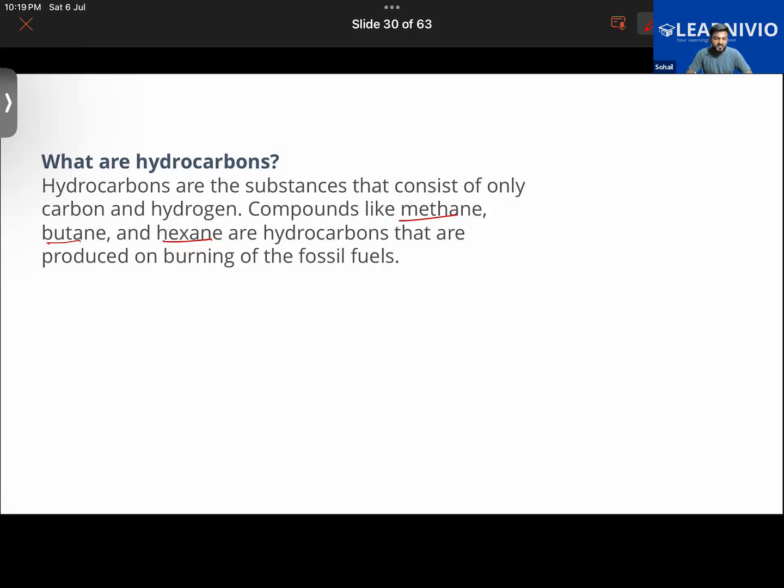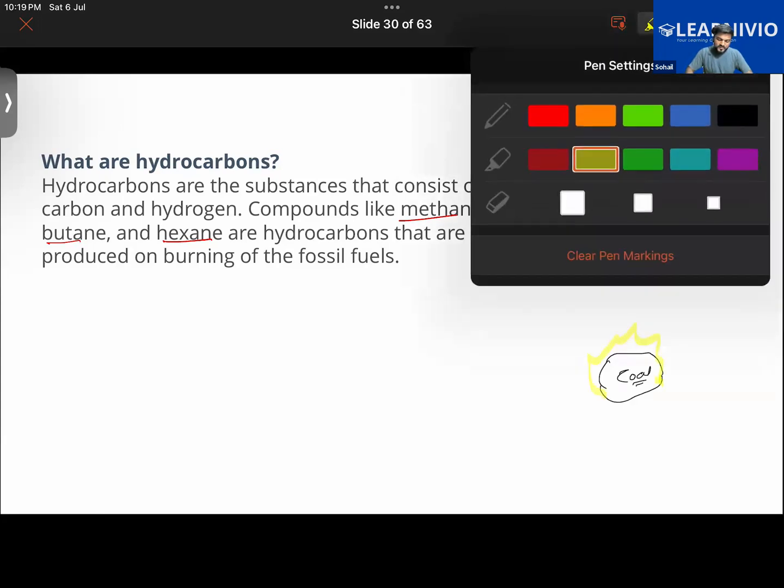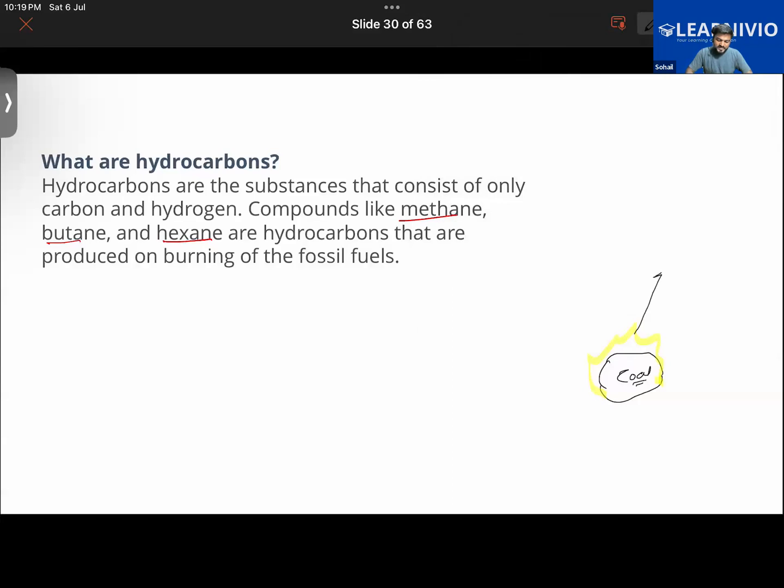Is that clear to everyone or not? No, sir. Can you repeat again? Okay, sure. Say you have coal. When this coal is being burnt, it will release methane gas, that is CH4. So methane gas will be released here.